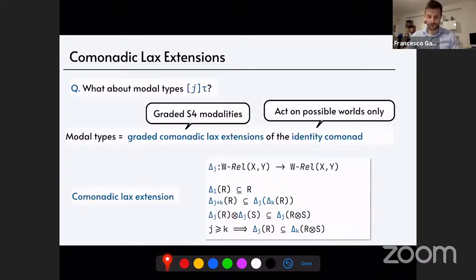And that gave us the notion of a comonadic Lax extension, which again is a map on Kripke relations that satisfies some structural properties, which, if you're familiar with category theory, is giving a graded comonad, actually a graded identity comonad, essentially, on the 2-category of Kripke relations.